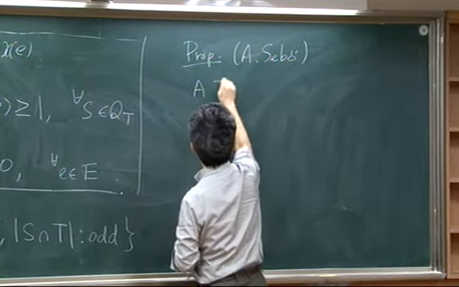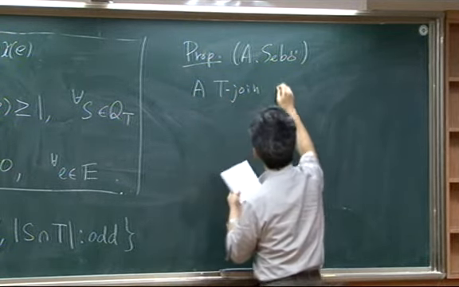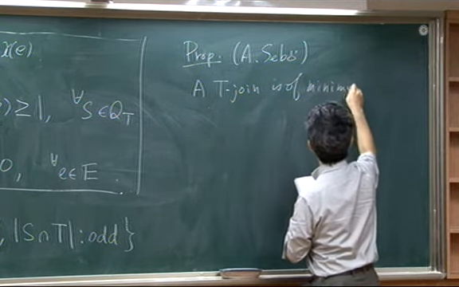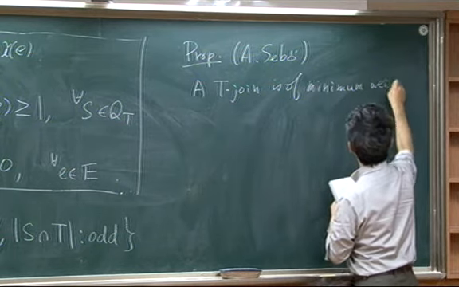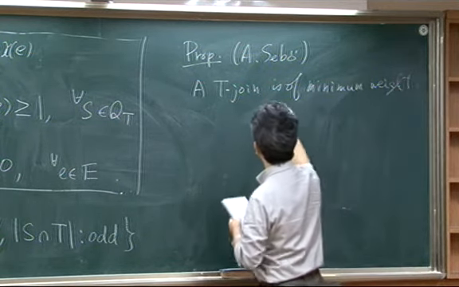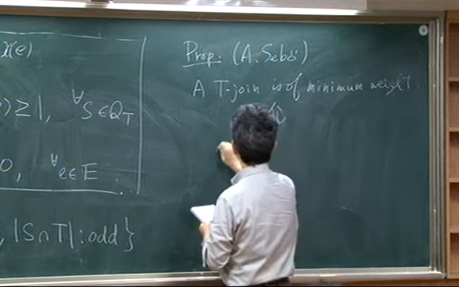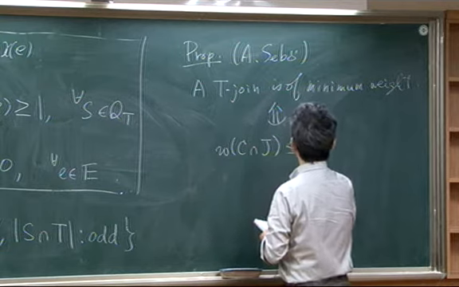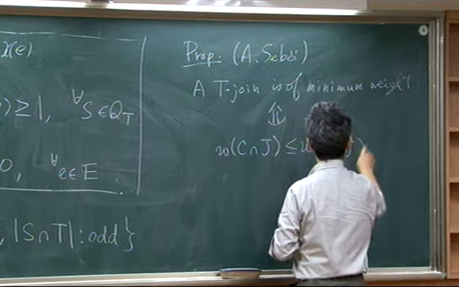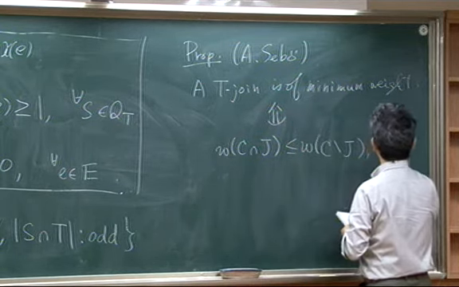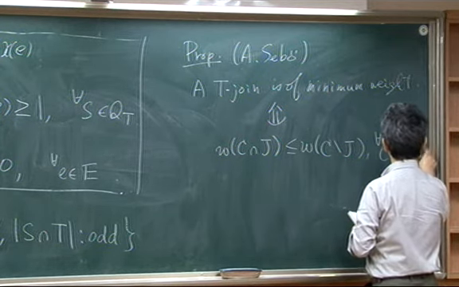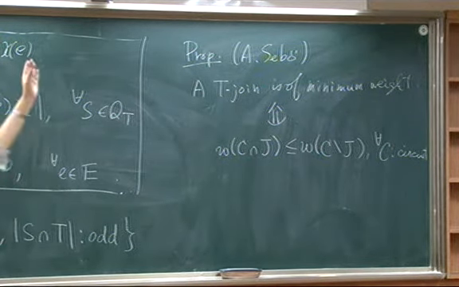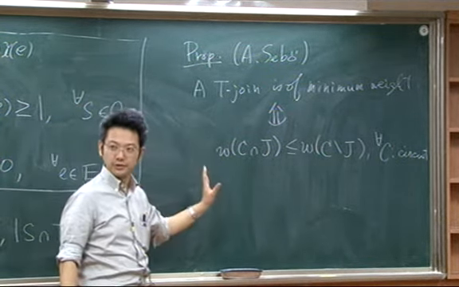A T-join J is of minimum weight if and only if W of C intersection J is at most W of C minus J, for any circuit C.